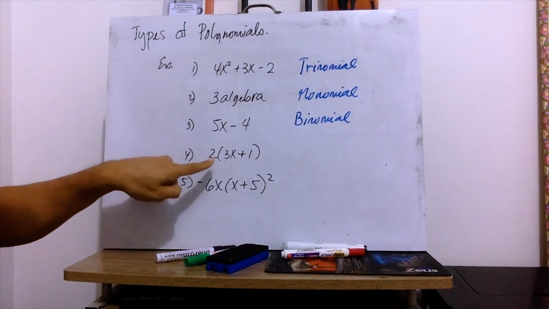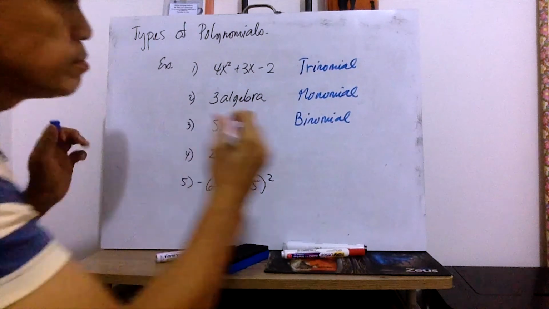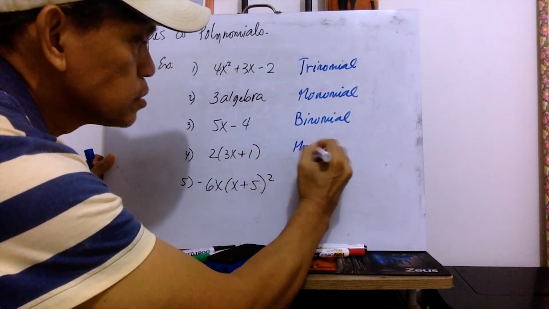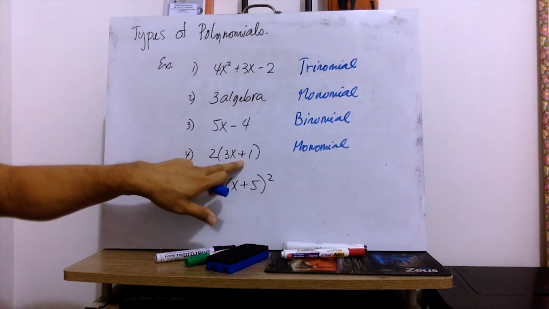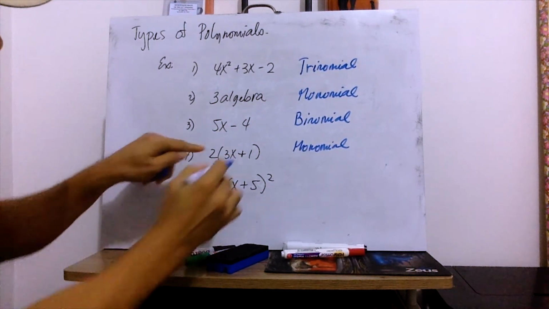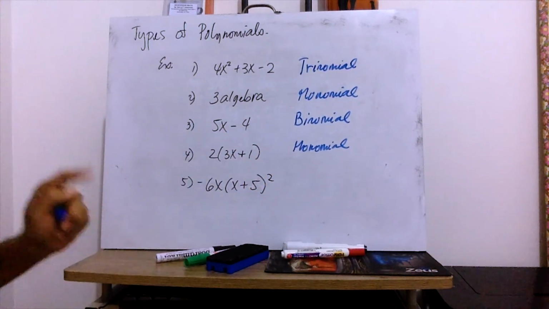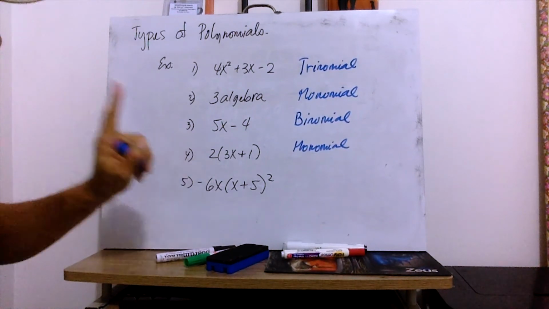And then 2 times 3x plus 1. What do you think? It's a monomial. Look at this. It has a plus sign, so you think it's a binomial. Well, it's not. There's a parenthesis there that prevents it from being a binomial.